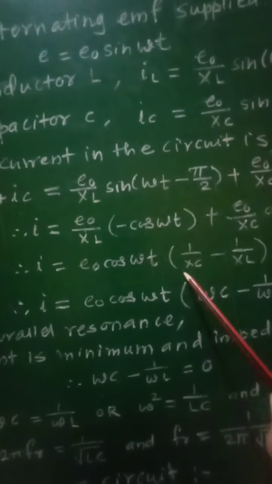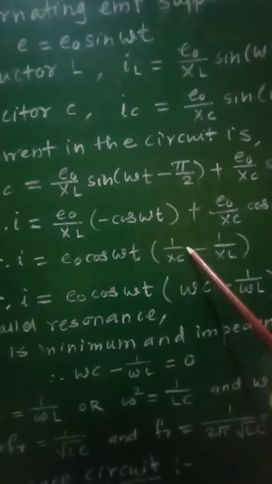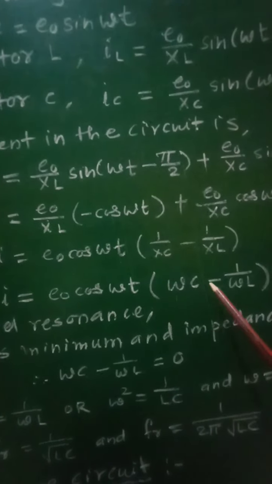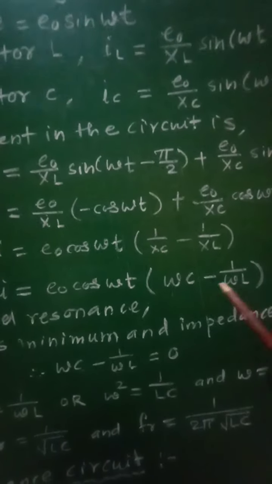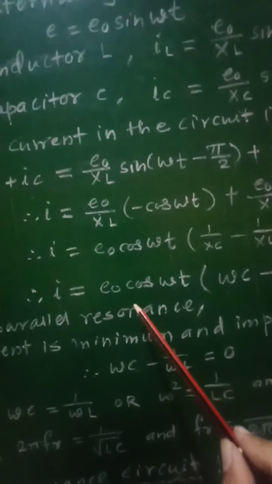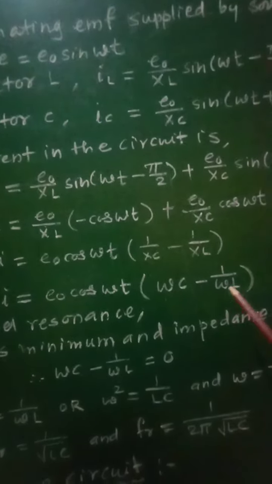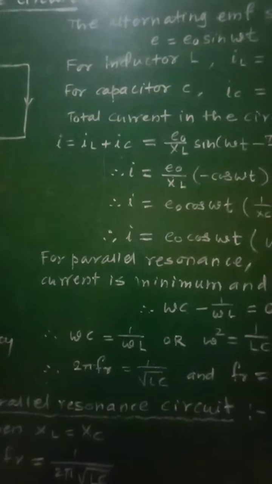XL and XC will be replaced by 1 upon omega C and omega L, and therefore 1 upon XC will be equal to omega C. So omega C minus 1 upon XL is 1 upon omega L, and therefore we will get I is equal to E0 cos omega t into omega C minus 1 upon omega L. Now if you consider the parallel resonance, then for parallel resonance the current is minimum.